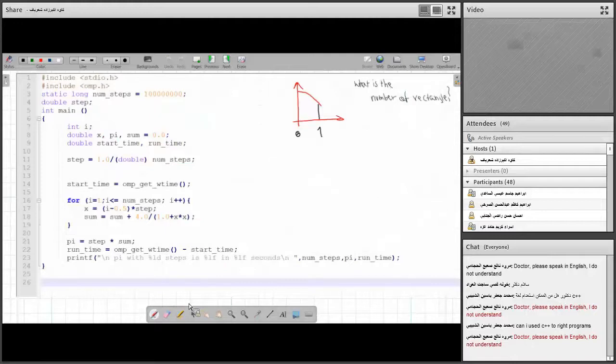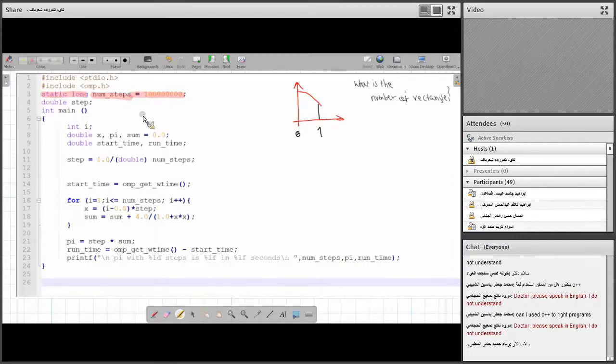In this example, in this code, I defined a variable called number of steps, which indicates the number of rectangles.